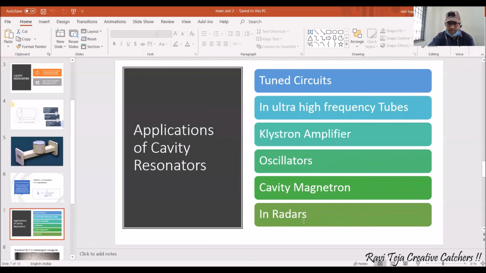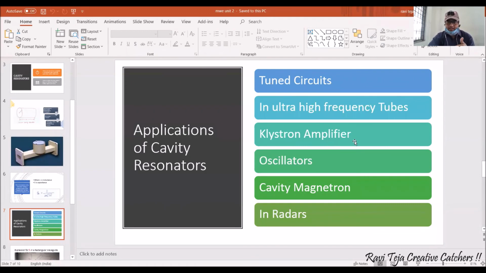Radars you already know, you might have seen in unit 1, where I gave a small example of how they are used. Oscillators is already a known term. All these are famous for generating high microwave frequencies.